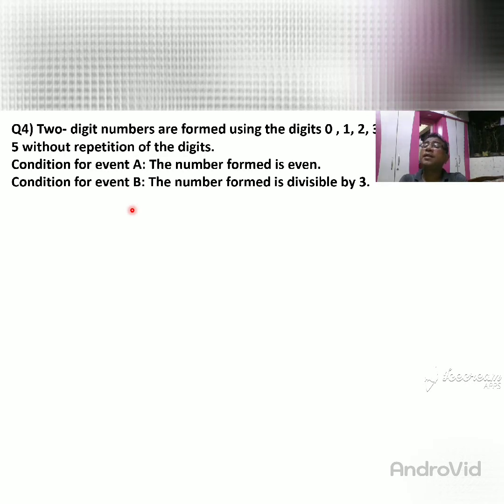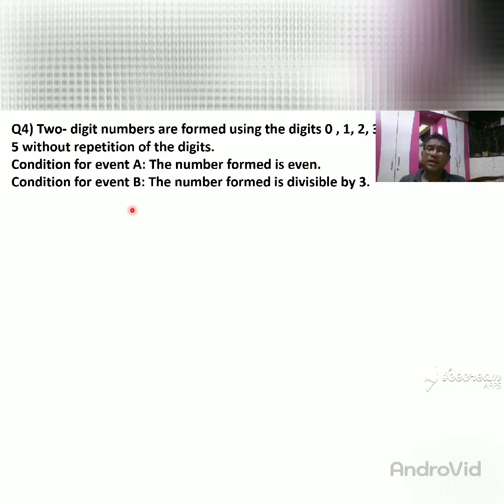In another way, we can say it is in the table of 3. 3 ones are 3, 3 twos are 6, 3 threes are 9, 3 fours are 12, and it goes on like this. First you write the table up to 30, then afterwards 30 plus 3 is 33, 33 plus 3 is 36. In this way, numbers divisible by 3 can be written.